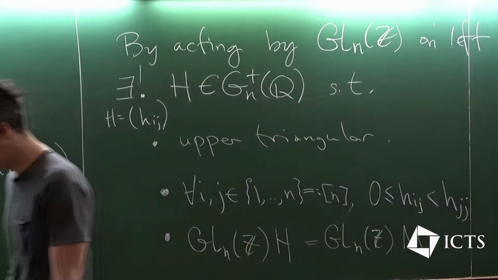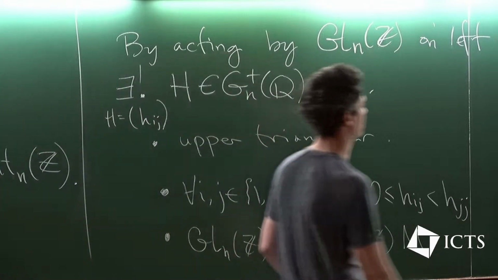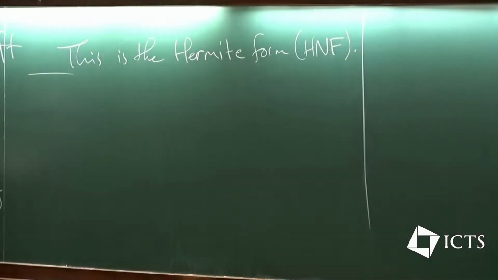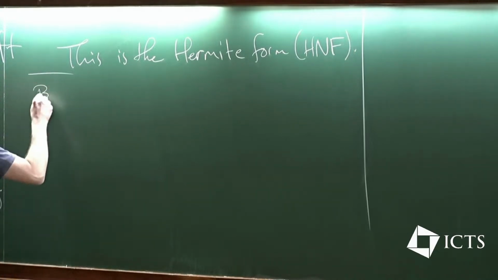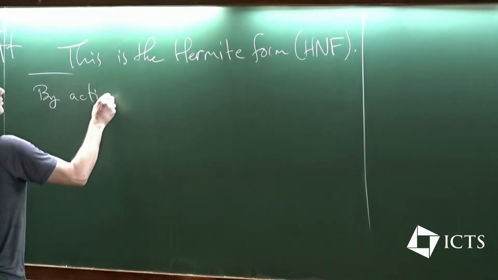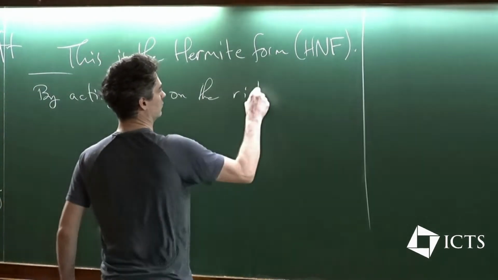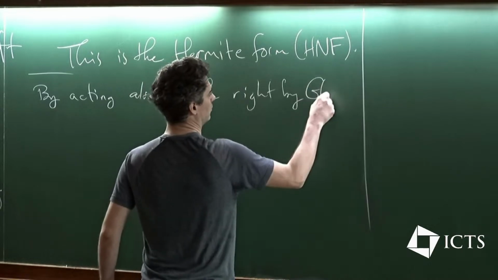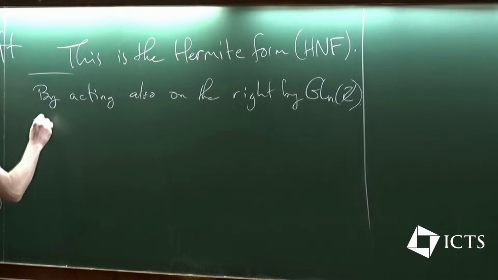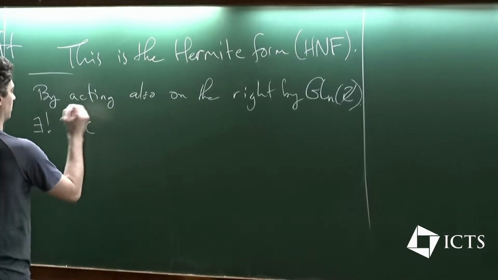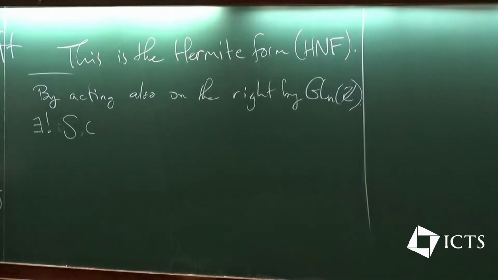Okay, that's the Hermite normal form. I want to talk about one more normal form that we've seen before, I'm sure, but it wouldn't hurt to at least write some notation down. So by acting also on the right, by GL_n(Z), there exists a unique diagonal matrix, I'll use S. I used H for Hermite.